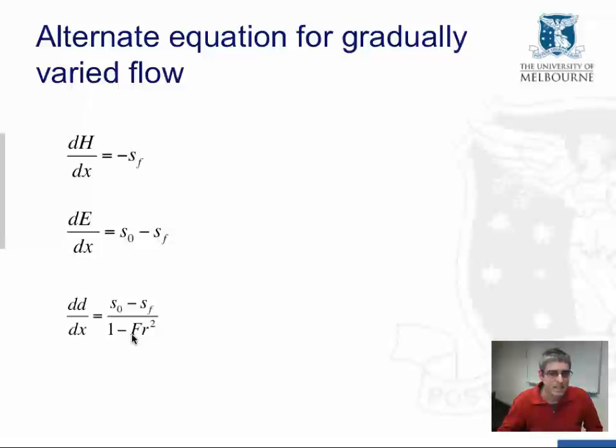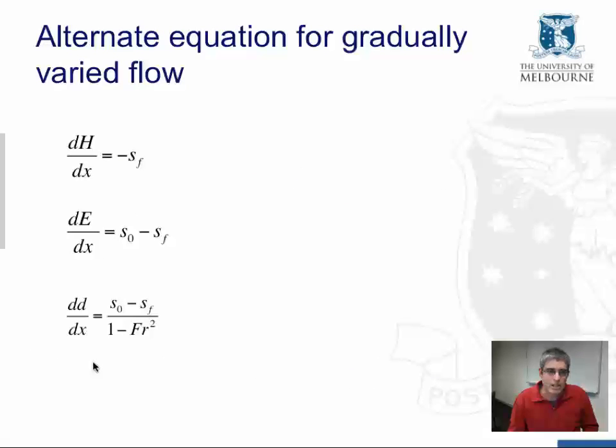You can work through that more slowly yourself to reassure yourself that those three equations are valid. One relates to total head, one relates to the specific energy, and one relates to the water depth. They're all essentially saying the same thing: it's an expression of the conservation of energy along the channel.